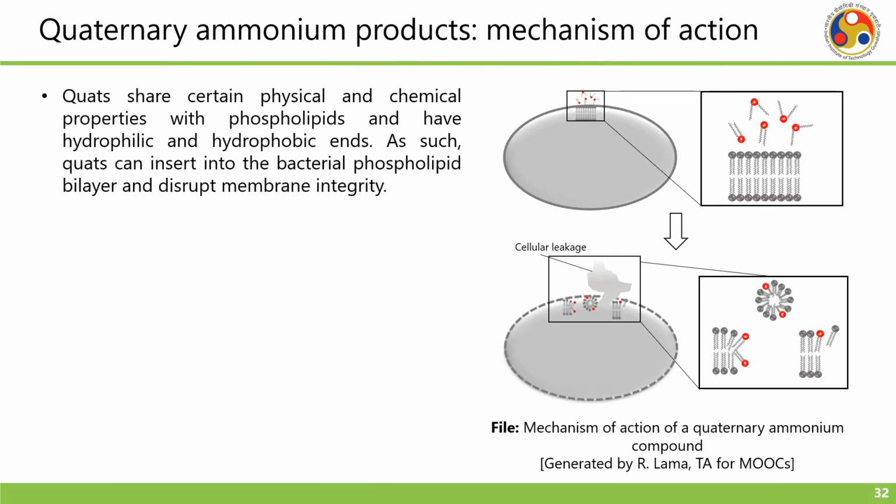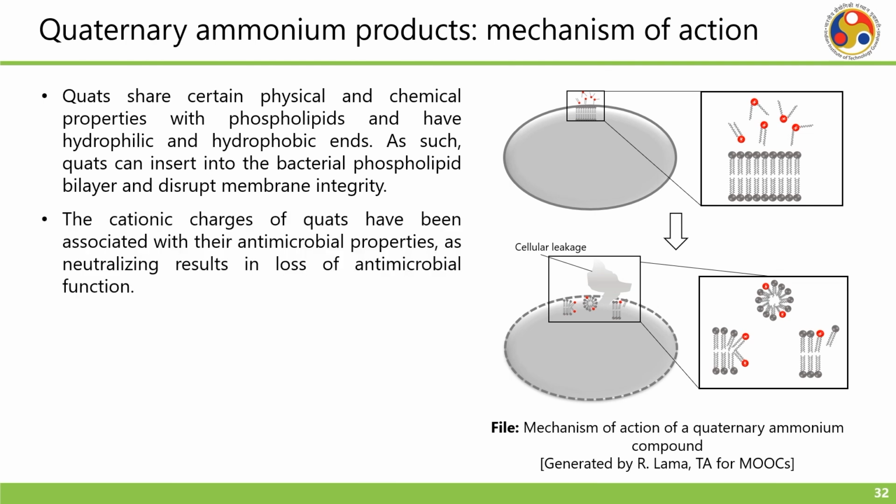What is the mechanism of action of quats? The quats share certain physical and chemical properties with phospholipids and have hydrophilic and hydrophobic ends. As such, quats can insert into the bacterial phospholipid bilayer and disrupt membrane integrity. So, you can see here the mechanism of action of this quaternary ammonium compound, which is disrupting the membrane integrity.